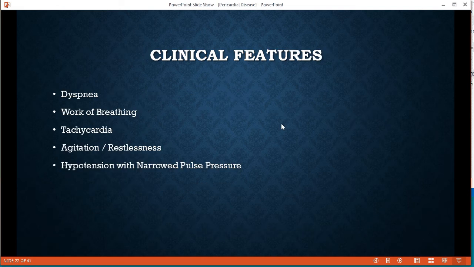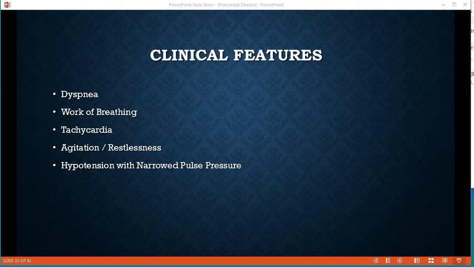So what are the clinical features of tamponade? Patients will typically demonstrate early signs of tachycardia and increased work of breathing, and that's going to occur because the patient's going to be more than likely hypoxemic from the inflow obstruction, and so you're going to get backup of fluid into the venous circulation, both on the pulmonary side and on the systemic side.